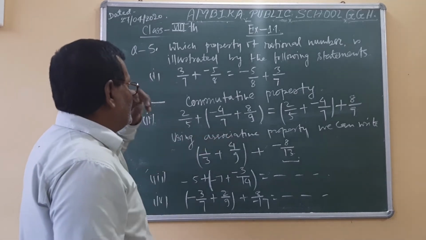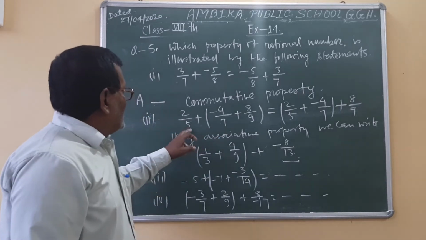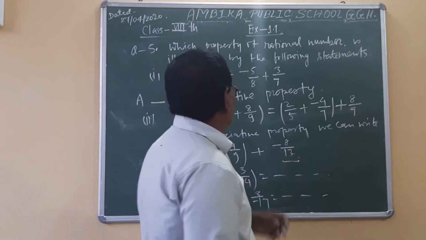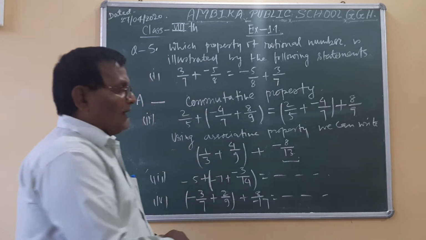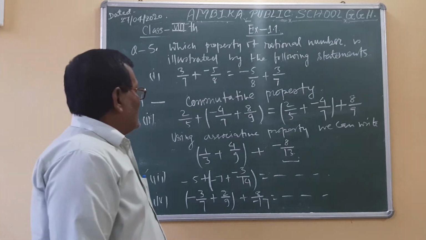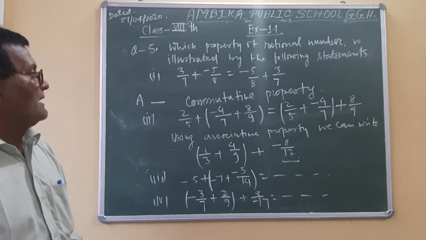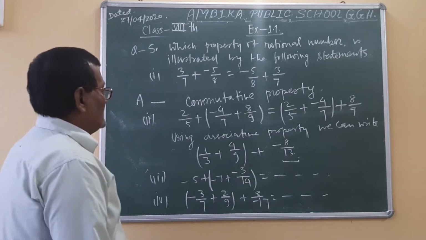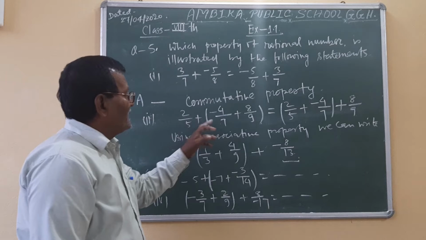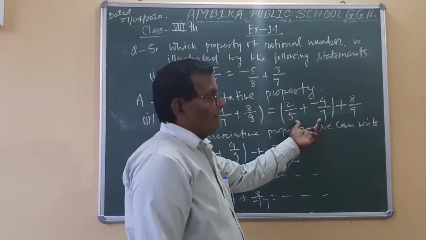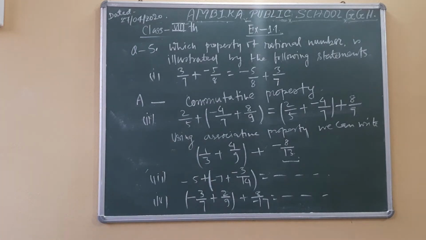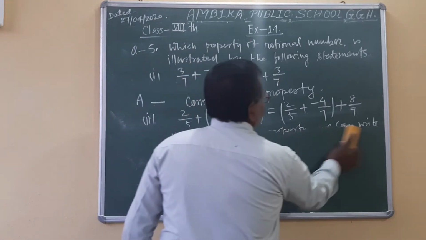Here we see that (a + b) + c is equal to a + (b + c). We have read in previous classes that if a, b and c are integers or rational numbers, then the associative law states that (a + b) + c is equal to a + (b + c). So using the associative law, you can solve it.